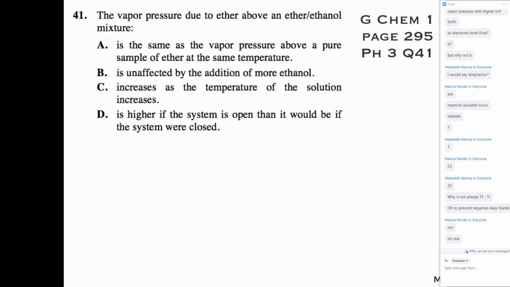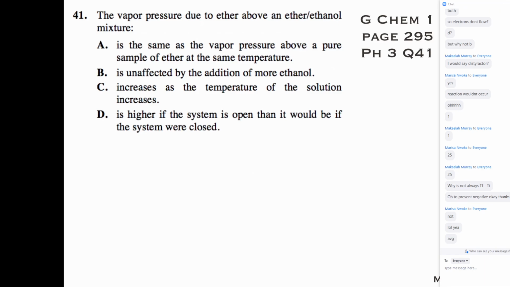The vapor pressure due to ether above the ether ethanol mixture is the same as vapor pressure above a pure sample of ether at the same temperature. Is that true or false? When you mix two things together, will you have the same vapor pressure, or do you now have an average vapor pressure of the two? You have some weighted average. So can I safely get rid of that? Is that the first one to go?